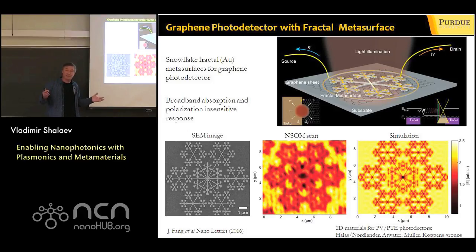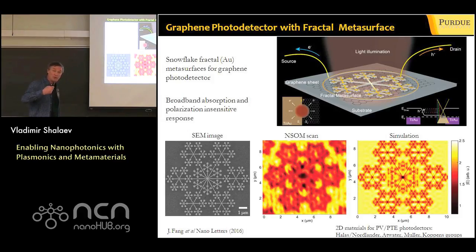Whereas with fractals, as I said, because different parts of the fractal resonate at different frequencies, altogether the fractal resonates in a very broad spectral range and flat. So the absorption spectrum of the fractal looks very flat, almost polarization independent because of this symmetry, providing absorption and enhancement in a very broad spectral range.